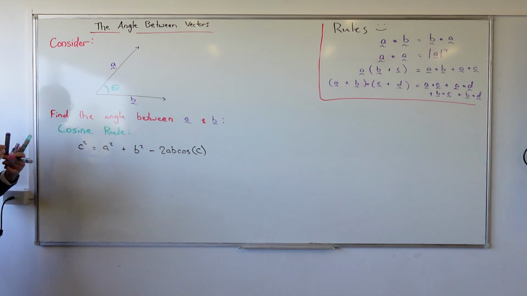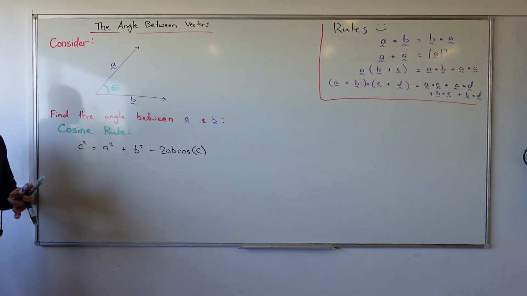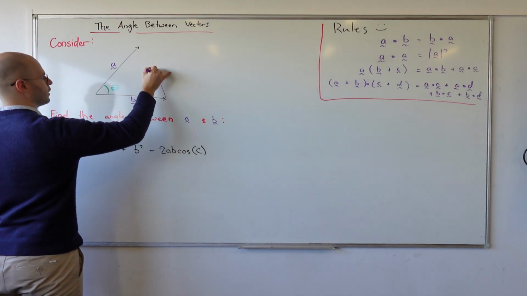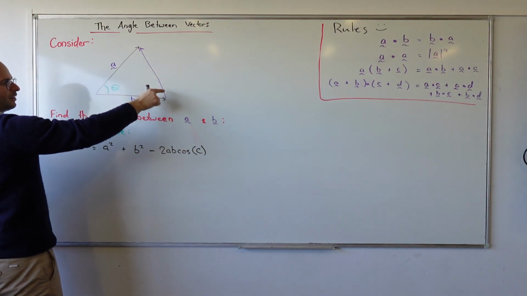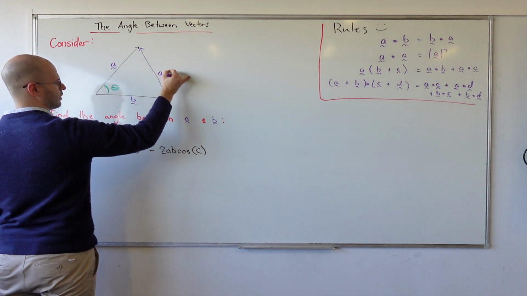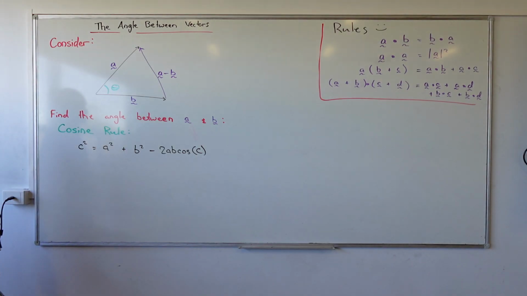Now, if we're going to use the cosine rule, that means we need a triangle. How could we make this a triangle? Close it up. Does anyone remember what this vector is to go from here to here? B take A, or A take B. It doesn't matter which way you go, so long as it's a triangle.